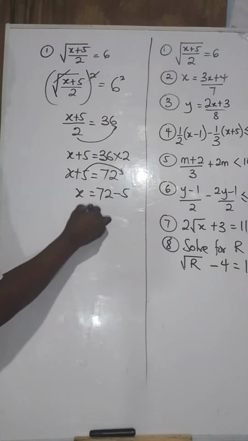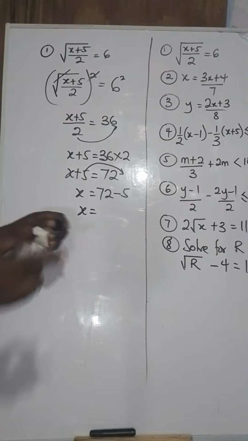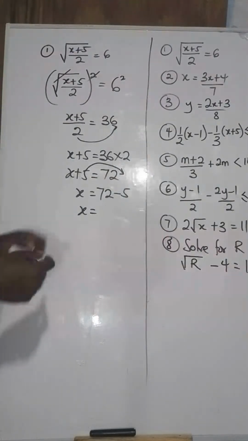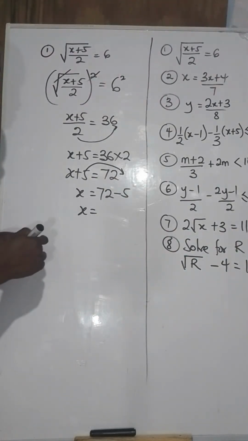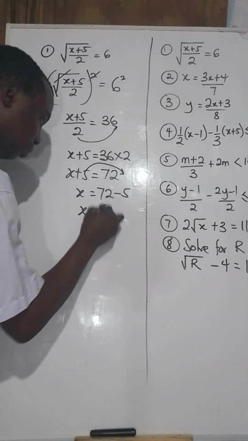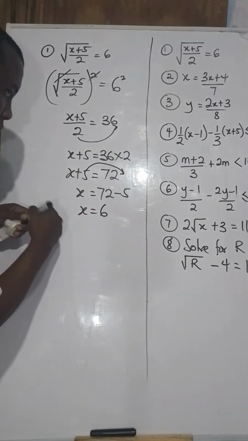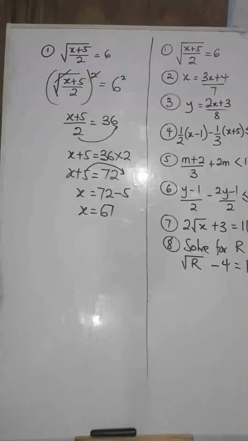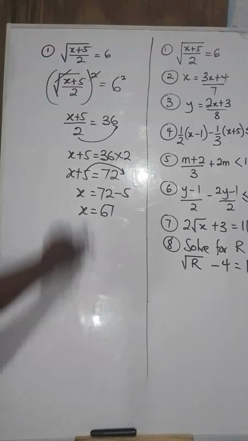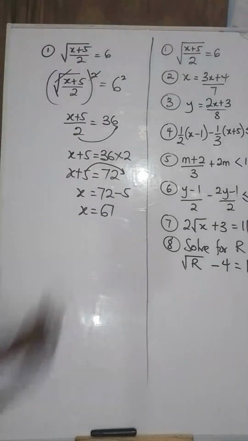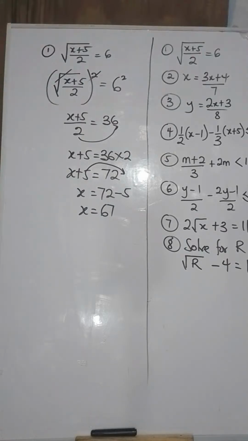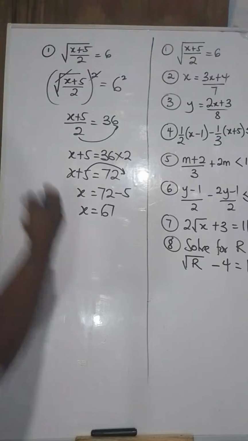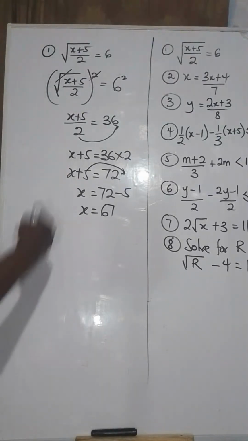So x = 72 - 5. That will give us 67. Right, 67. I hope it's clear. So this one is very simple for us. If you have any questions, you can ask.